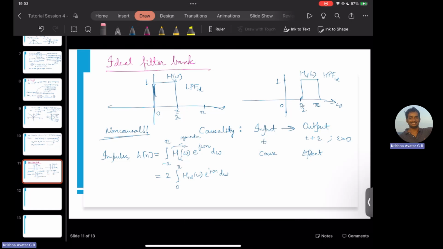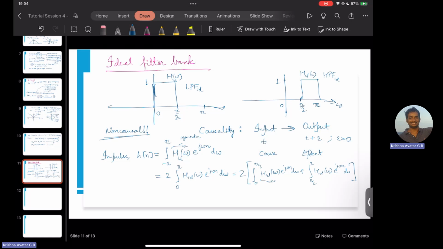Now we can move a step further along these lines and even break this down into two integrals: 0 to pi by 2 of H ideal omega e to the power j omega n d omega, plus pi by 2 to pi of H ideal omega e to the power j omega n d omega.